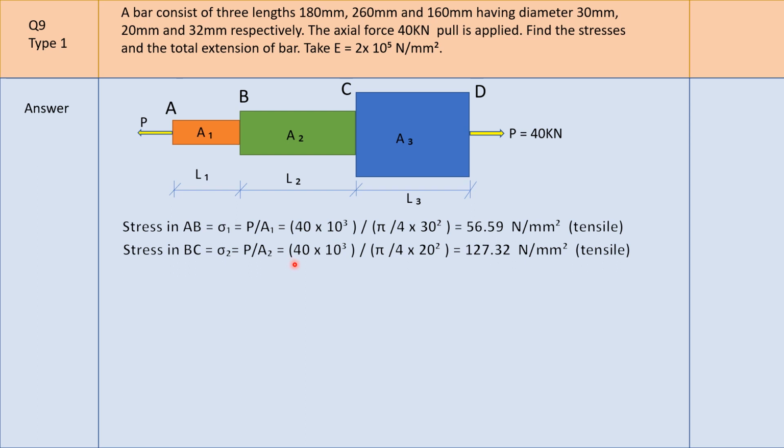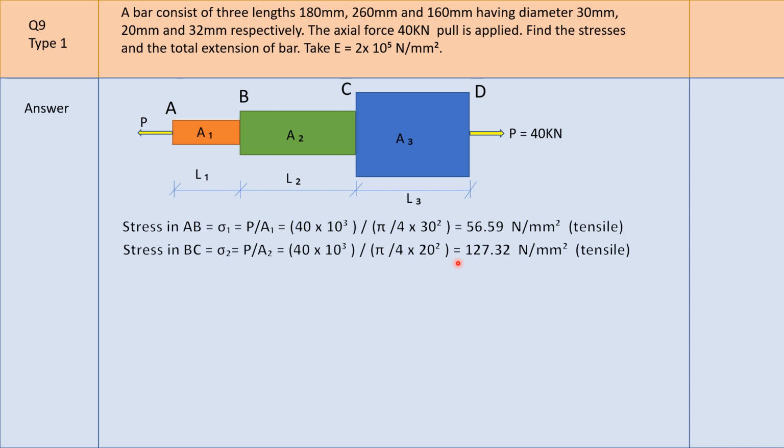How to do the calculations? Take the calculator in your hand, bracket open, 40 exponential, that is the exp button, exponential 3, bracket close, divided by bracket open, shift pi divided by 4 into 20, then press x square button, bracket close, is equal to, you will get the answer 127.32.